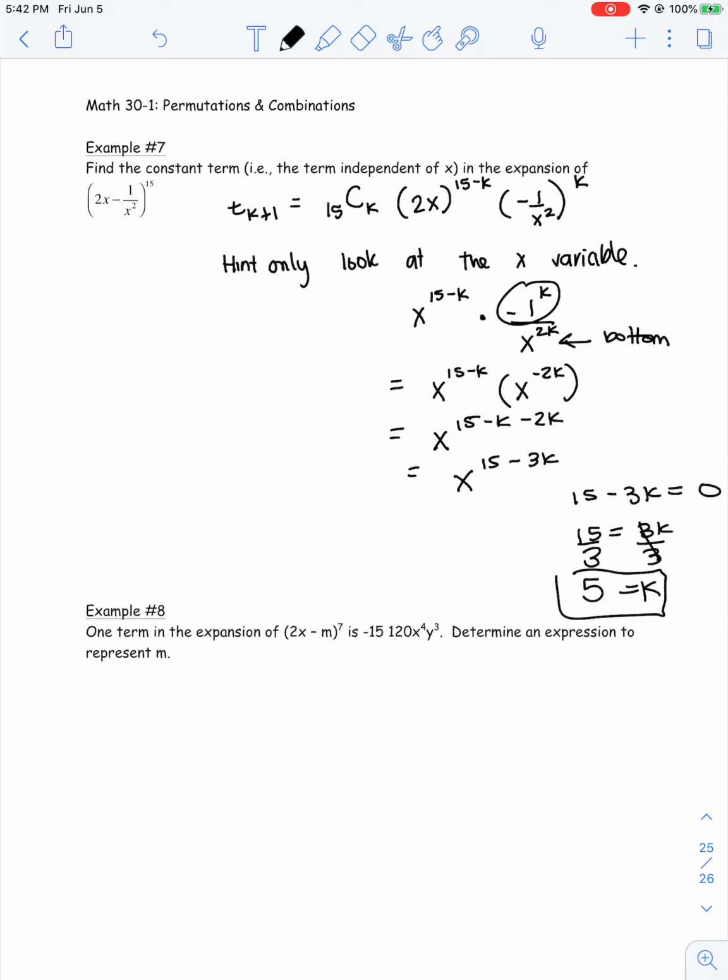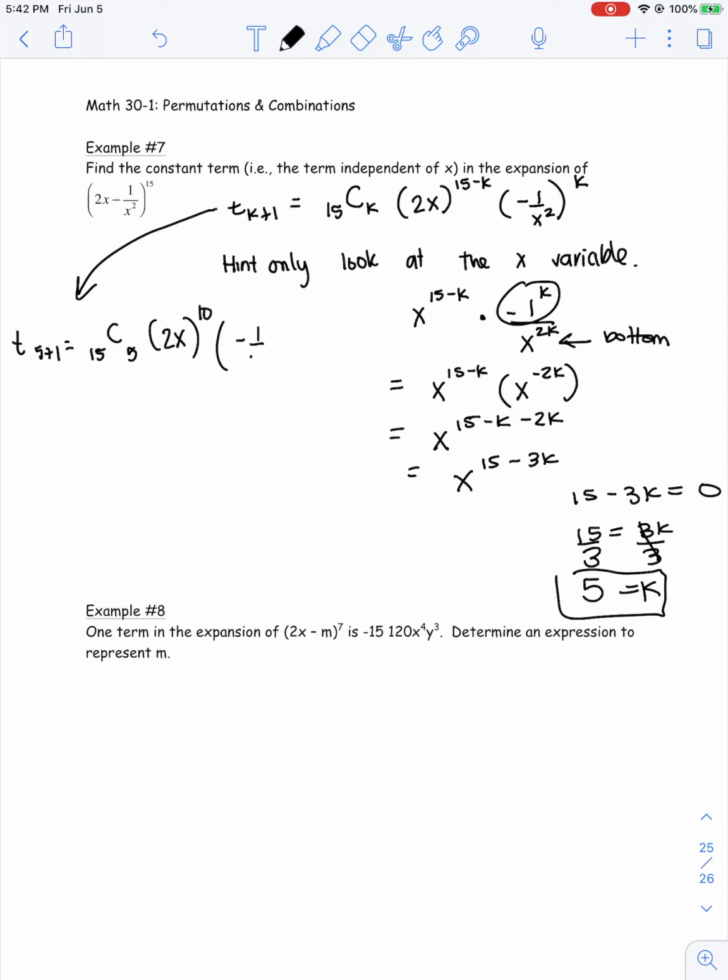Once we have k, we can go back into the original expression and replace k with 5. So we're going to go term 5 plus 1 equals 15 choose 5, 2x to the power of 15 minus 5, which is 10.